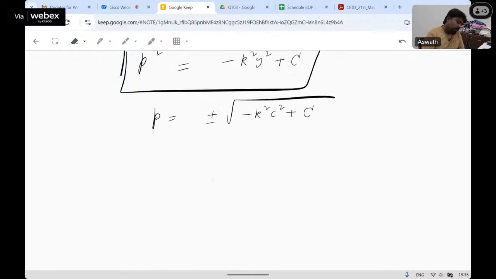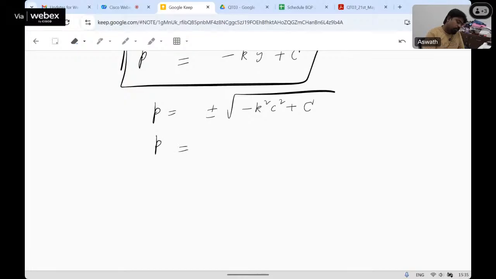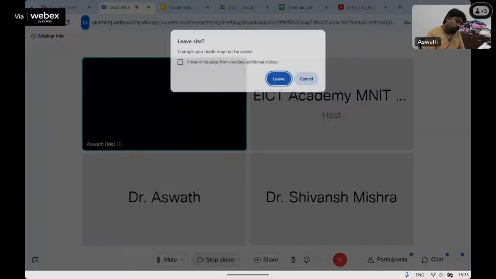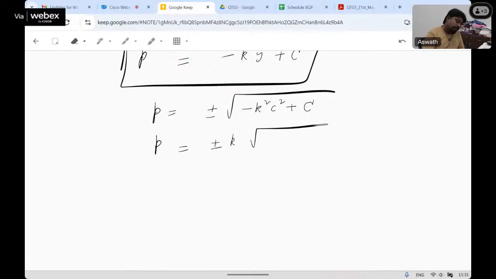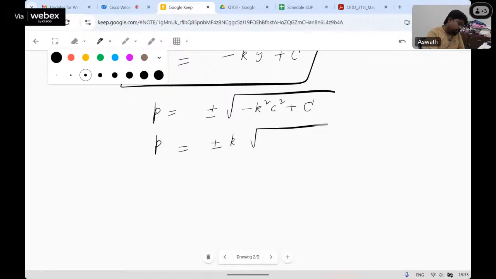So p would be equal to, I can bring k common outside, which would be c minus y square.